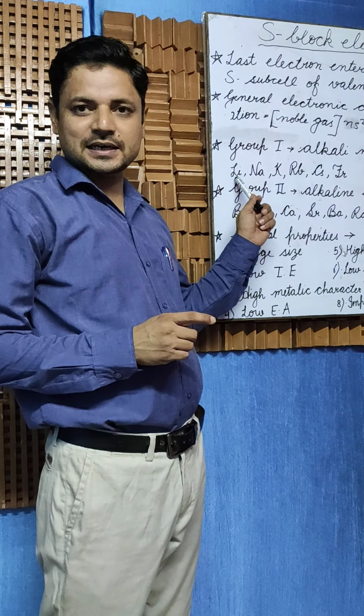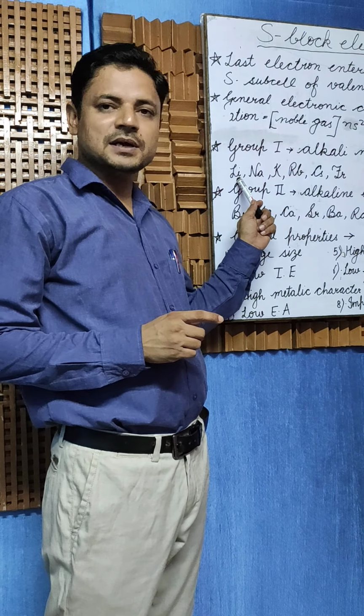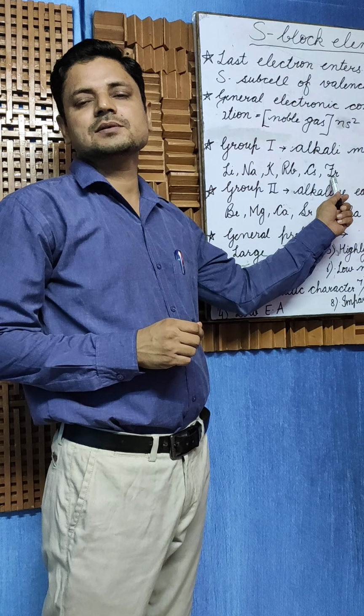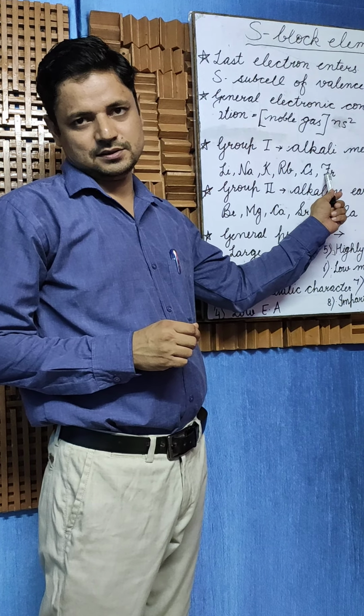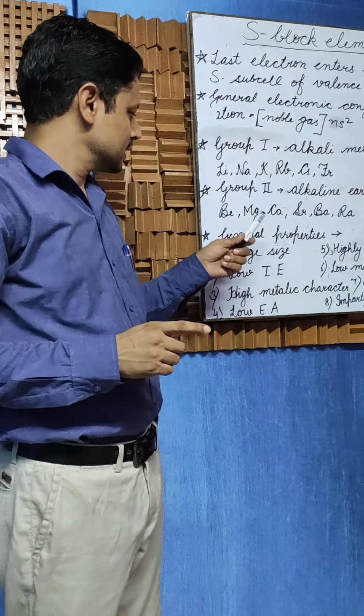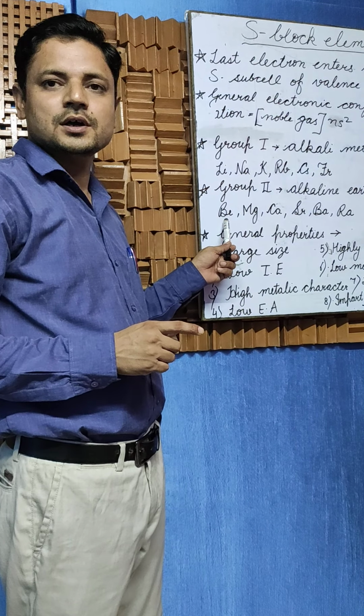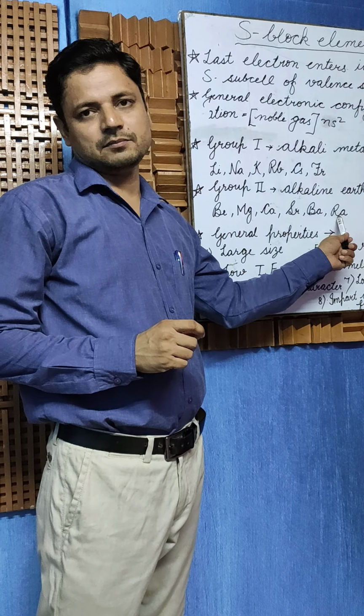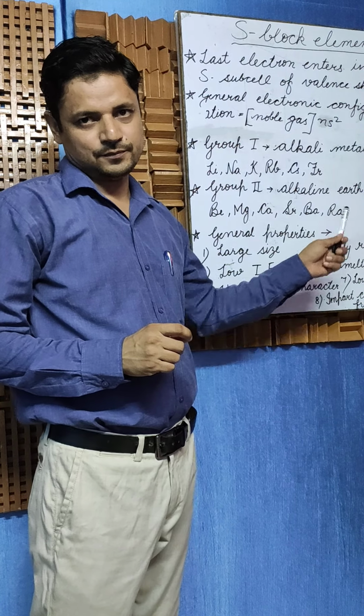Now it is clear that lithium has the smallest size while francium has the largest size. In the same way, beryllium has the least size while radium has the largest size.